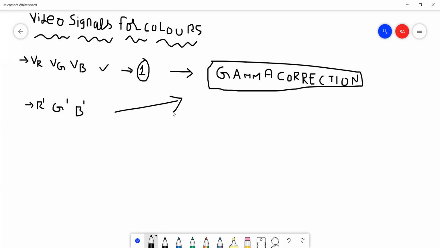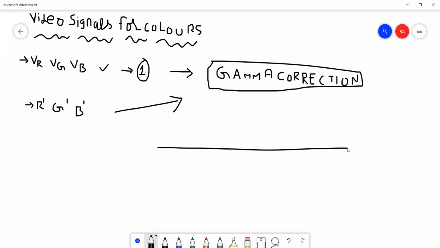So the video signals: a color camera is generally used to develop these colors, and the three voltages are proportional to the red, green, blue contents of the picture. As explained in the previous case, these colors are split from the color picture into primary components.